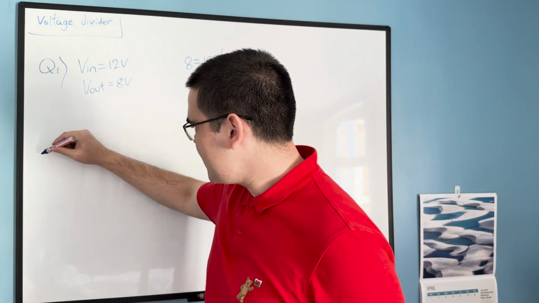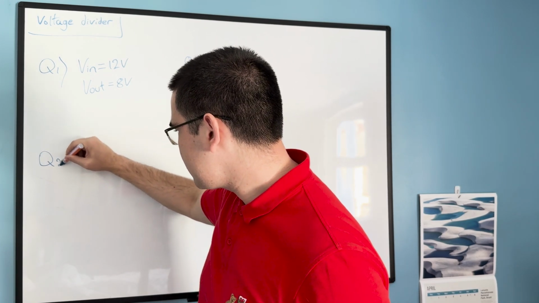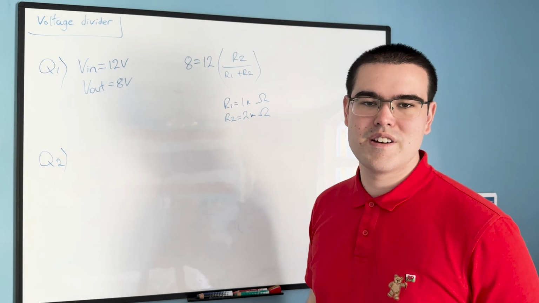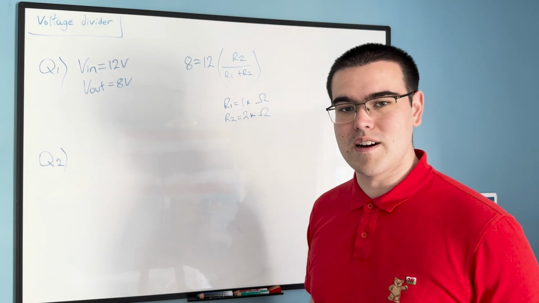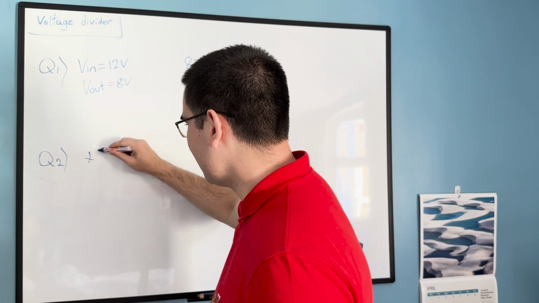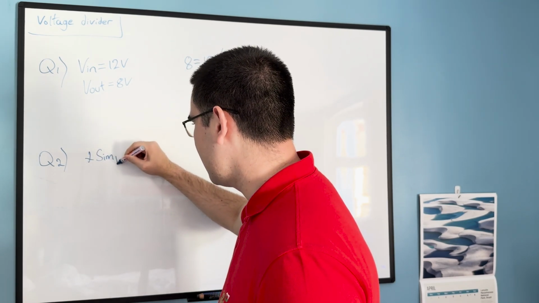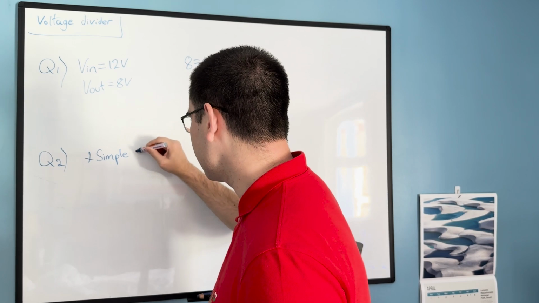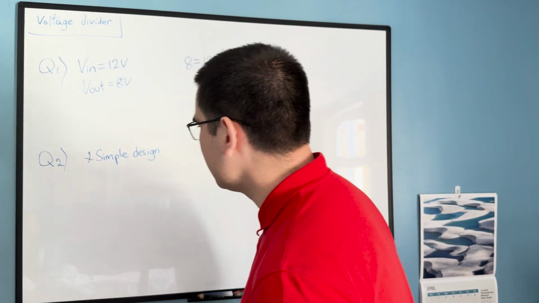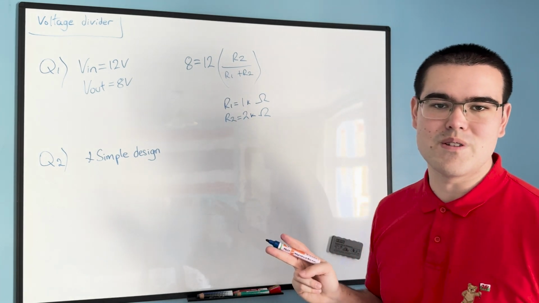So now let's discuss question 2, and let's start by discussing some advantages of the voltage divider circuit design. One of them I can say straight away is that it's a very simple design, because it's just 2 resistors in series.